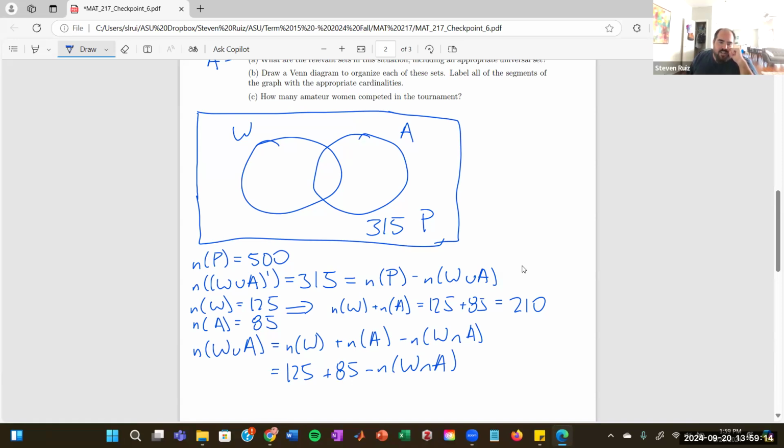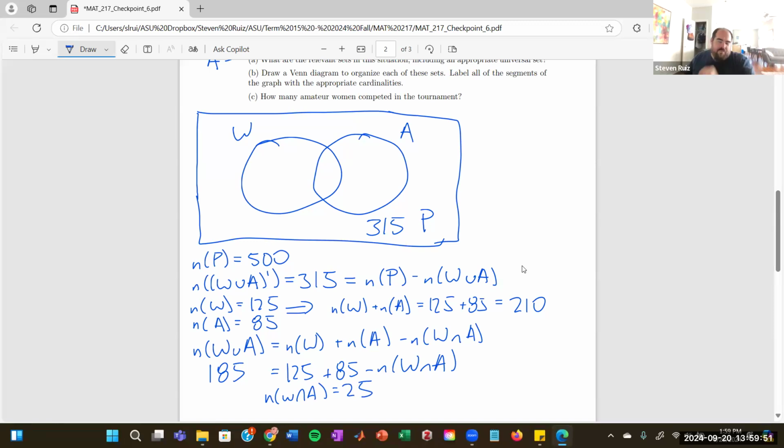I do, because I know that 315 players who are neither women nor amateurs were there, which means the remainder have to belong to this. So if we solve for the cardinality of that intersection, what do we get? We get 125 plus 85, which is 210, minus 185. I believe that's 25. Because I'm being extra paranoid today, let's make sure I'm right. 210 minus 185 is indeed 25.